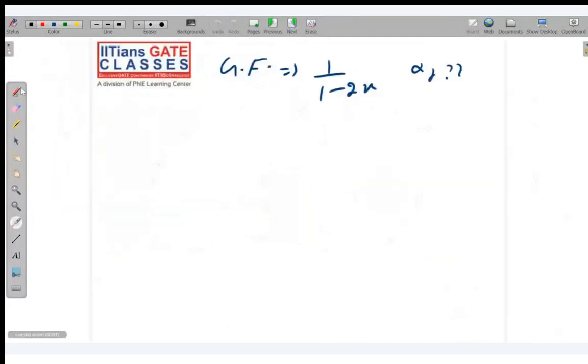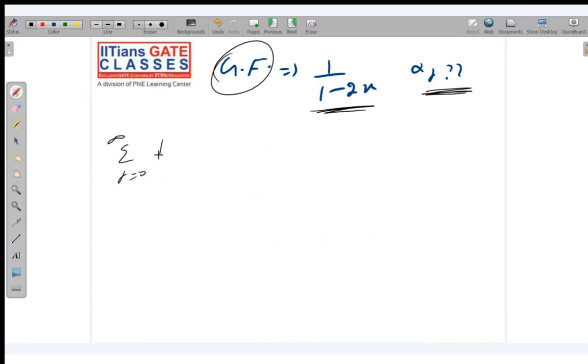So the next question: the generating function is 1 upon 1 minus 2x, and we want to find the numeric function a_r. So whatever we know, we will simply use. We know sigma r equals 0 to infinity x power r is 1 upon 1 minus x. Now we want 2x, so x is replaced by 2x.